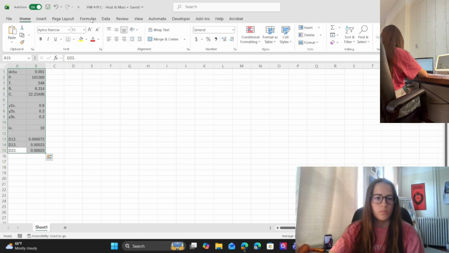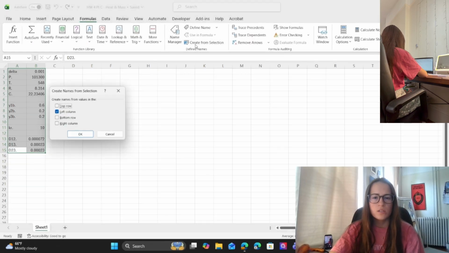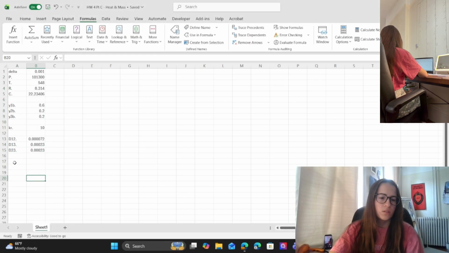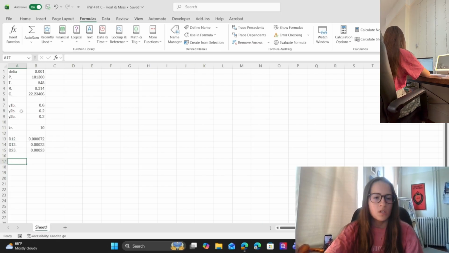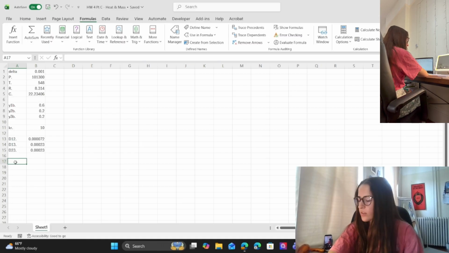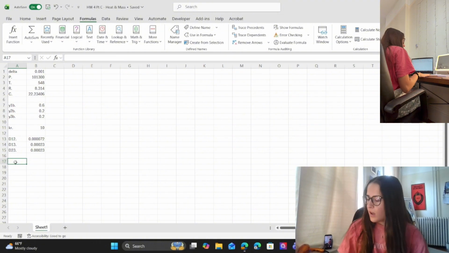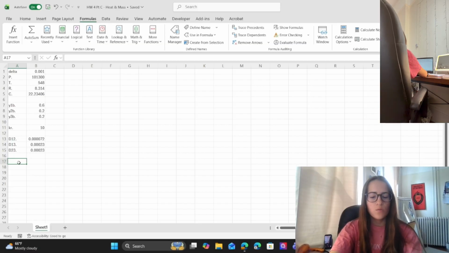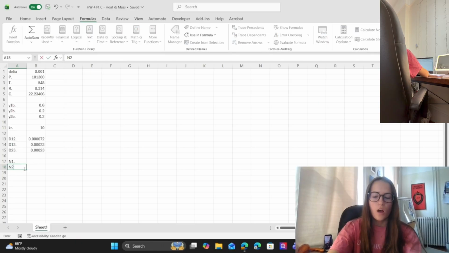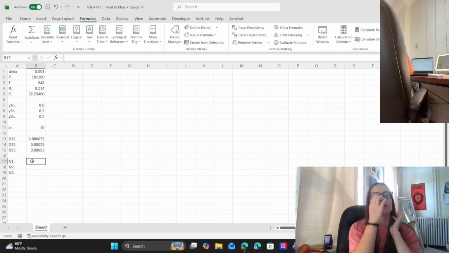We're going to go ahead and make these all formulas so that when we begin typing in the equations, we can just call these variables instead of going directly to the values. And then, yeah, now we can put in the value that we found for our guess of N1, and therefore find guesses for N2 and N3.